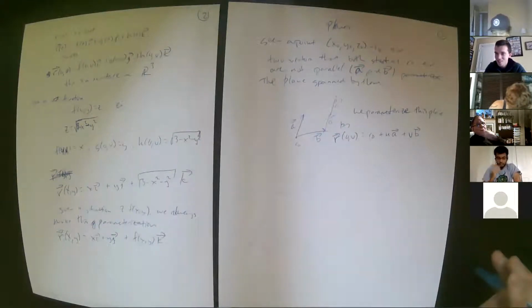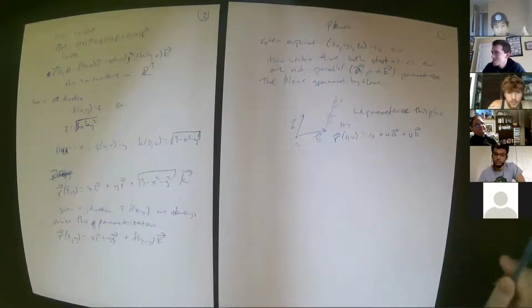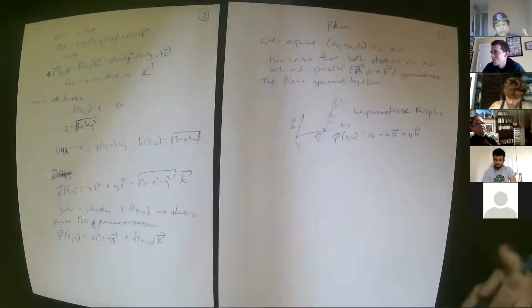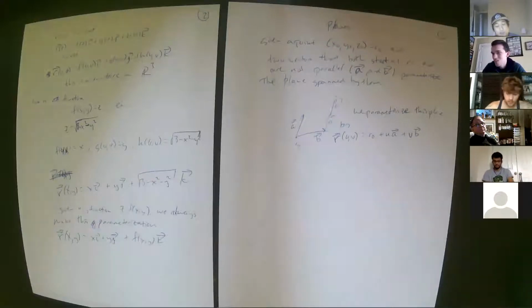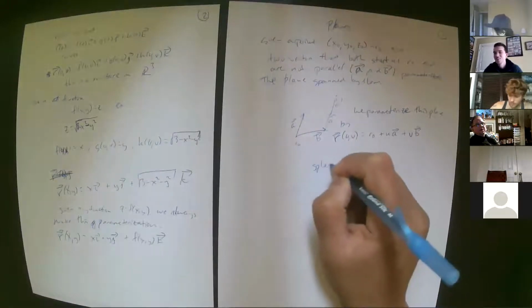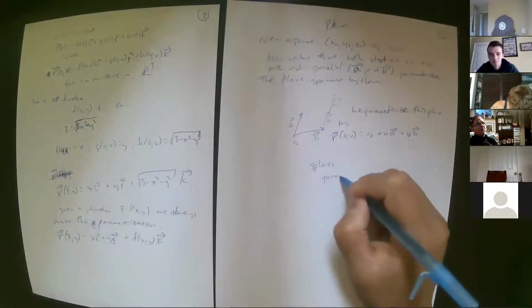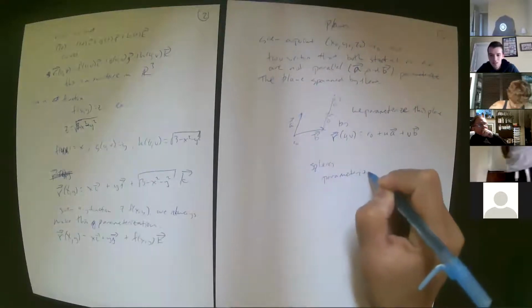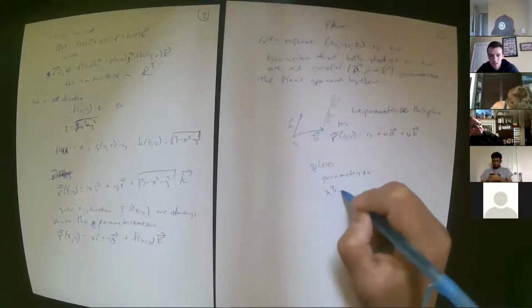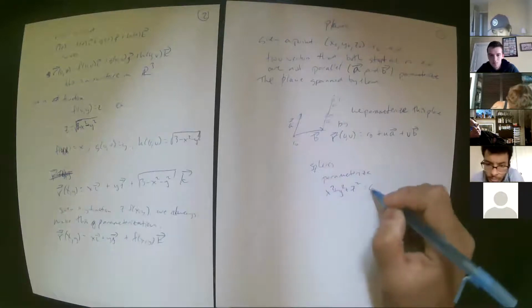What were we talking about? Parameterizing planes. So what have we done? We've done graphs, surfaces that are defined by graphs, and planes. We can do surfaces that are not defined by graphs also, which is very nice. Something like spheres. So how do I parameterize x squared plus y squared plus z squared equals a squared?